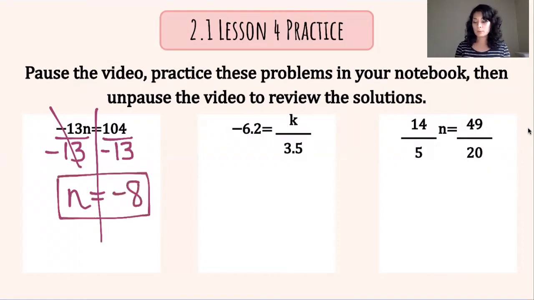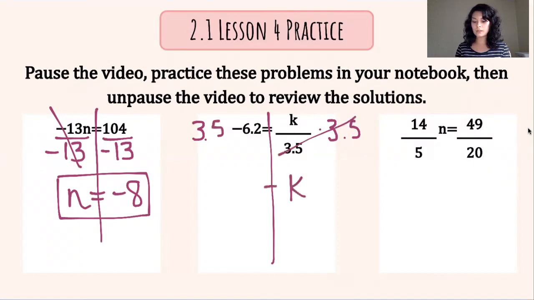For the middle example, you should have multiplied both sides by 3.5. These will cross cancel, leaving me with the variable. I'm going to use my calculator to multiply here. 3.5 times 6.2, which is negative, and I get -21.7.